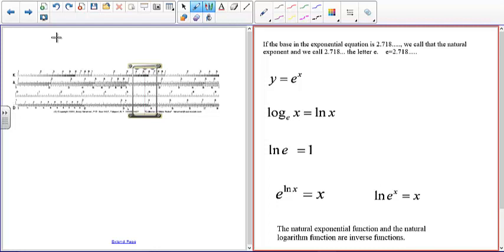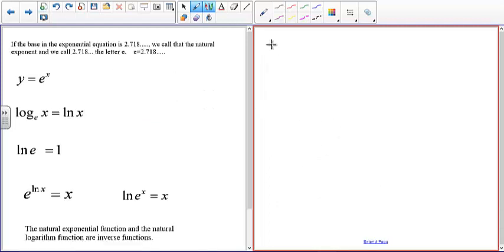Also, the other key thing that we learned was that if you take e to the natural log of x, it's equal to x, and the natural log of e to the x is x. When f of g of x equals x and g of f of x equals x, this is back to the concept of inverse functions. So let me add a page.